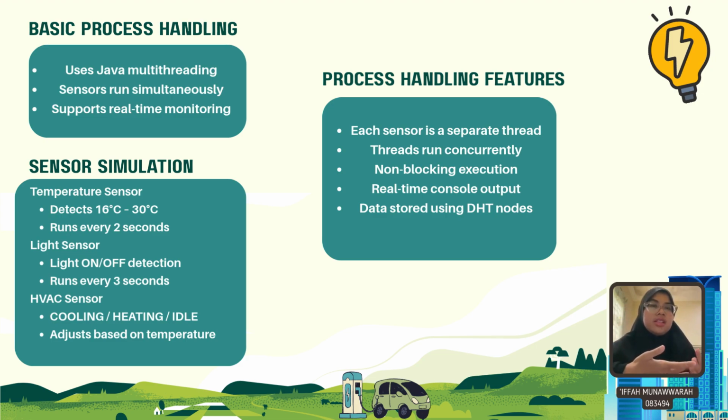After that, the sensor data is passed to a hash function. The hash function converts the incoming data into a unique key. This key determines which node in the distributed hash table will store the data.